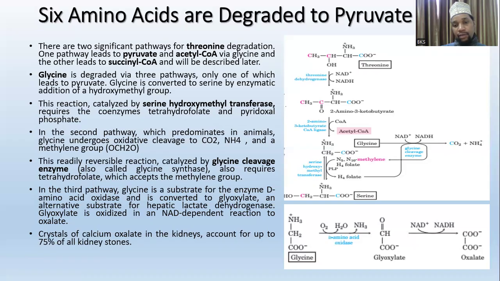They form glyoxylate. Now, glyoxylate is reduced to form oxalic acid by an enzyme which is an isoform of lactic dehydrogenase to form oxalate. And this oxalate can react with calcium in the body to form calcium oxalate crystal.